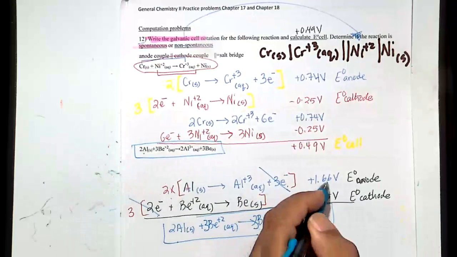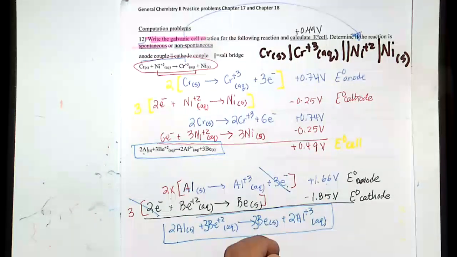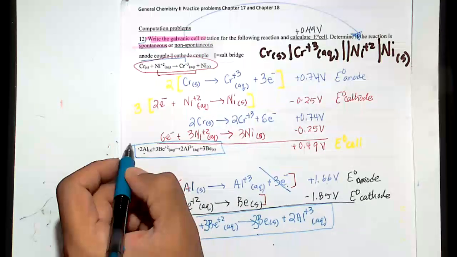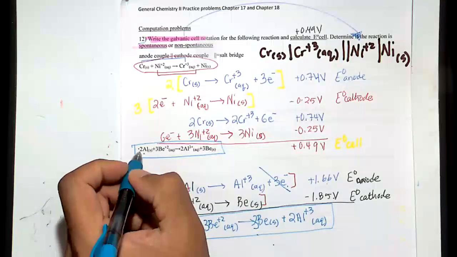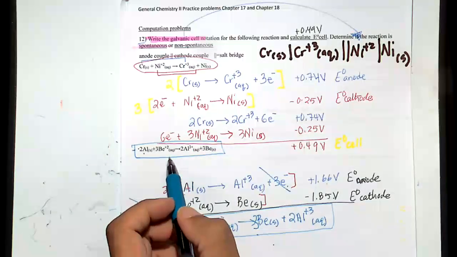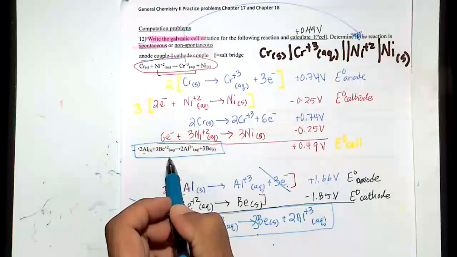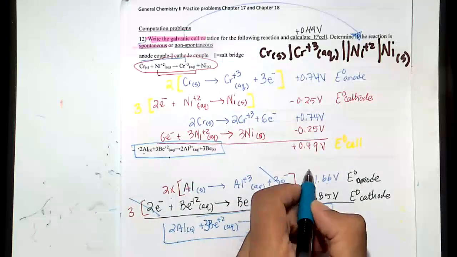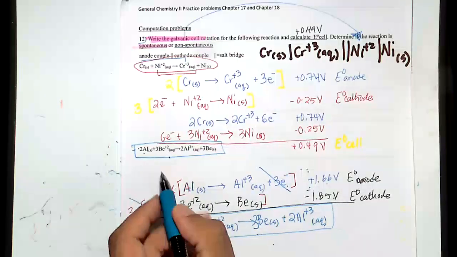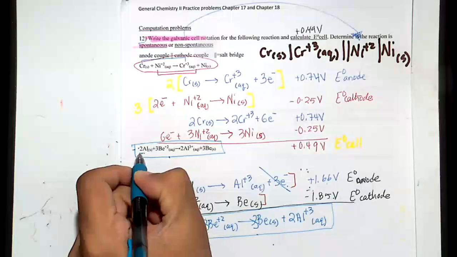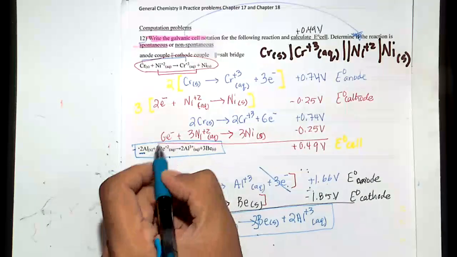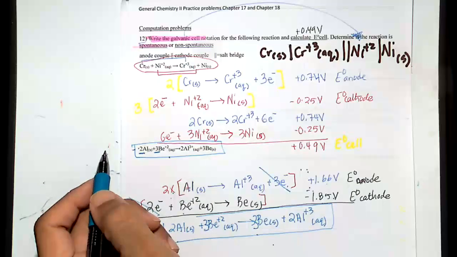All I did was split this up into the anode and cathode and regenerated it back up here. This is the balanced equation. When I multiplied it by 2, I get the 2 back here. When I multiplied it by 3, I get the 3 back here.